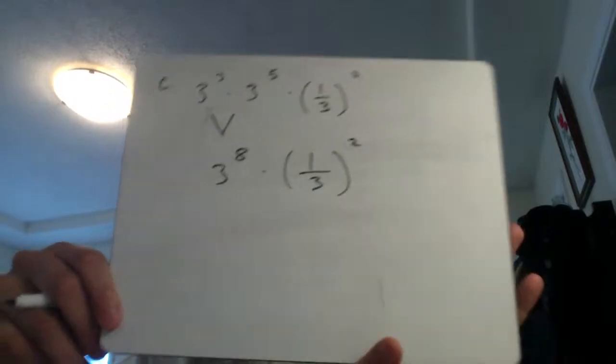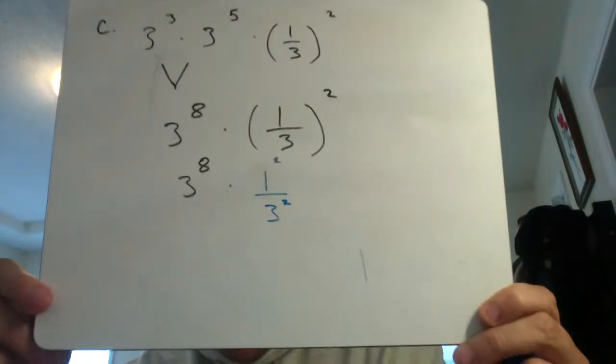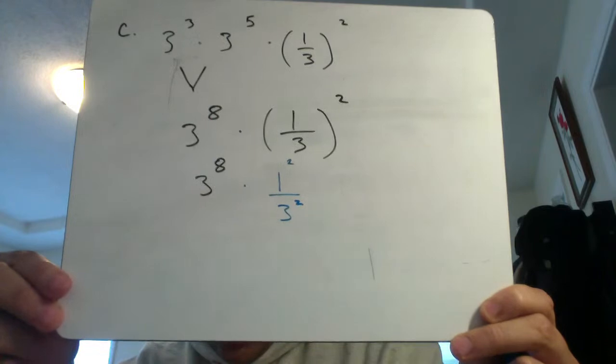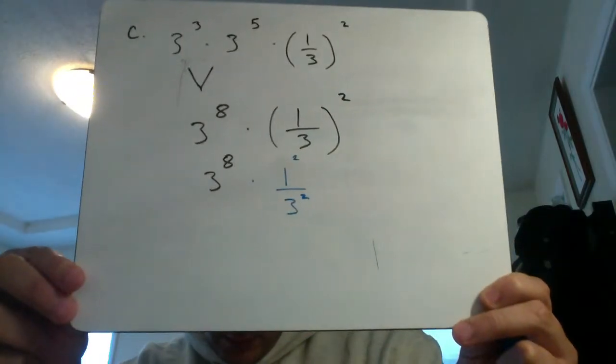So this is the same thing as 3 to the eighth times 1 squared over 3 squared. Like this. You have 3 to the eighth times 1 squared over 3 squared.